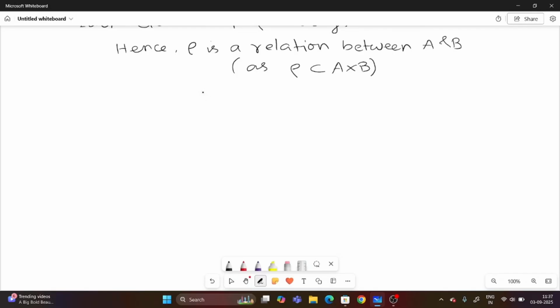Consider another set. Let us consider sigma is equal to {(1, b), (2, b), (3, b)}.